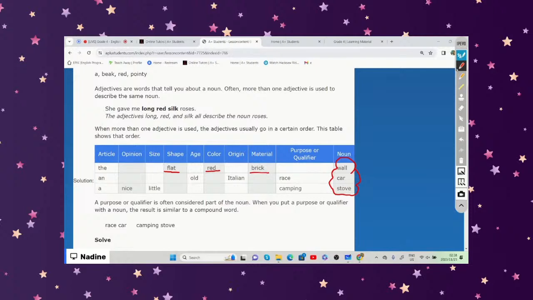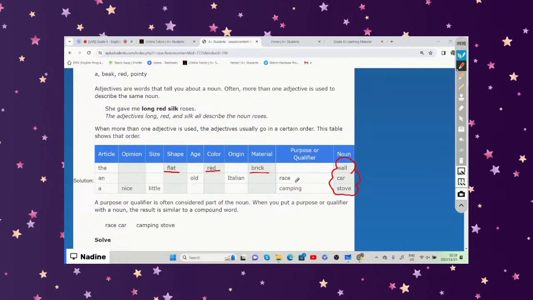So that is how we can describe it, and we describe it in the order of opinion, size, shape, age, color, origin, material, and sometimes purpose or qualifier. Remember, not everything will be in there, but there will be certain items from these in order to describe the noun.